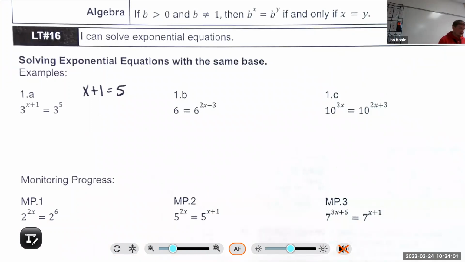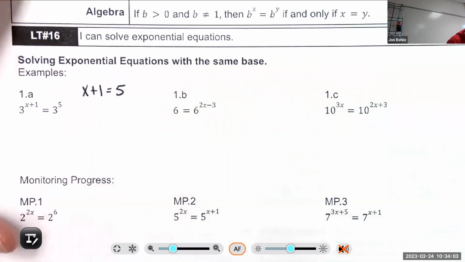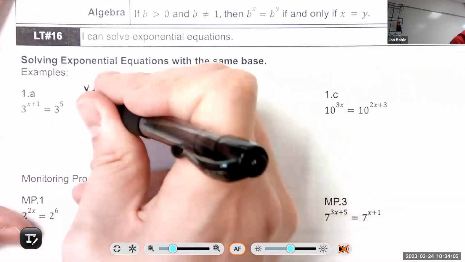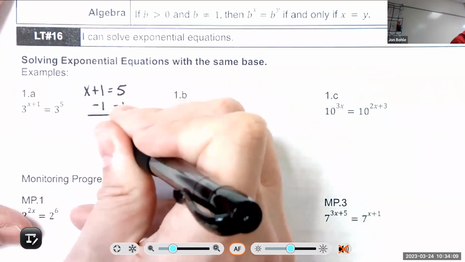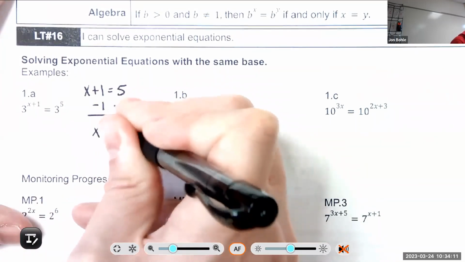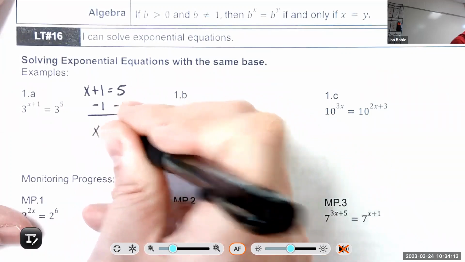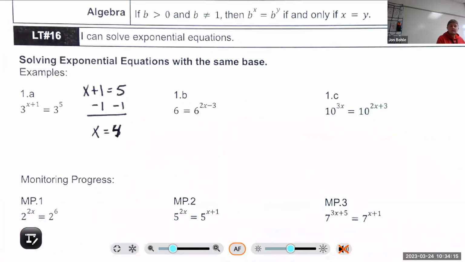How do I solve for x? So in this situation, x is equal to, I almost wrote 5, but it's 4. So x is equal to 4. When the bases are the same, the exponents are going to be the same also.